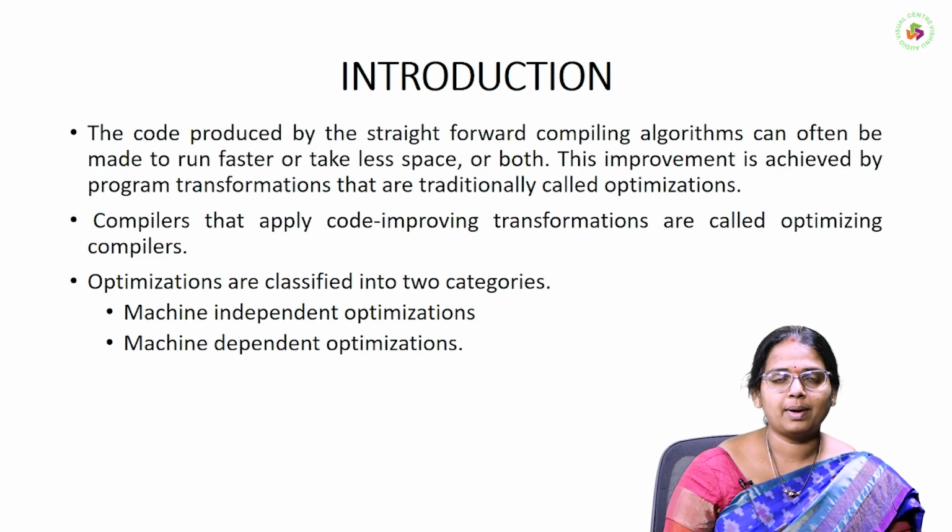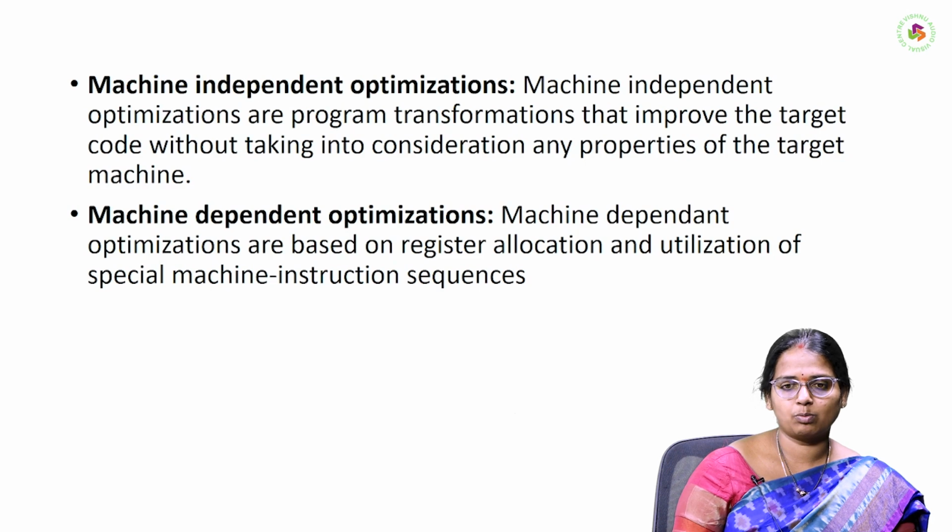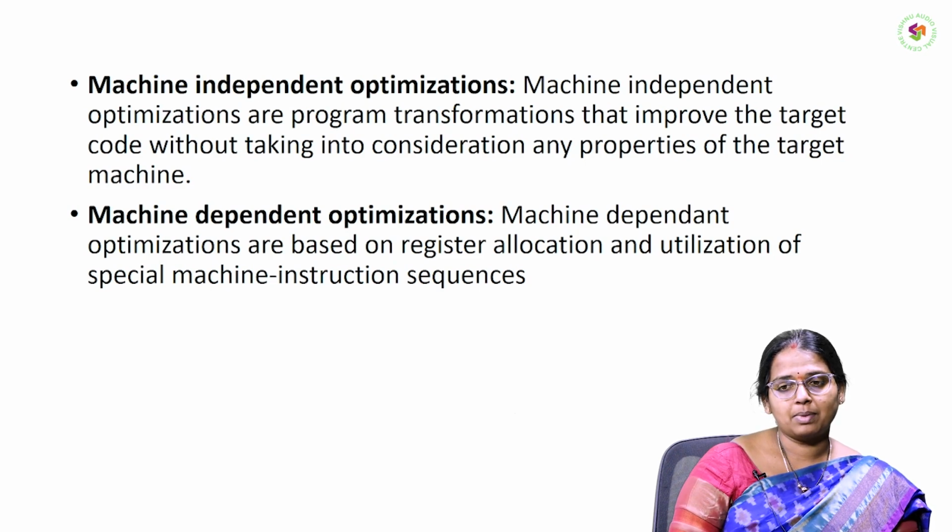Optimization can be classified into two categories: machine dependent optimization and machine independent optimization. Optimization can be applied in any phase of the compiler. In machine independent optimization, program transformations improve the target code without considering the properties of the target machine.